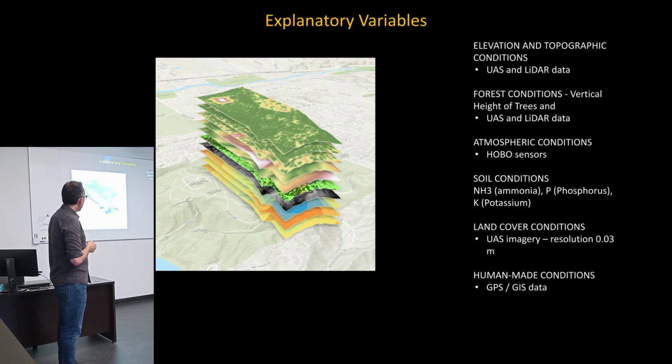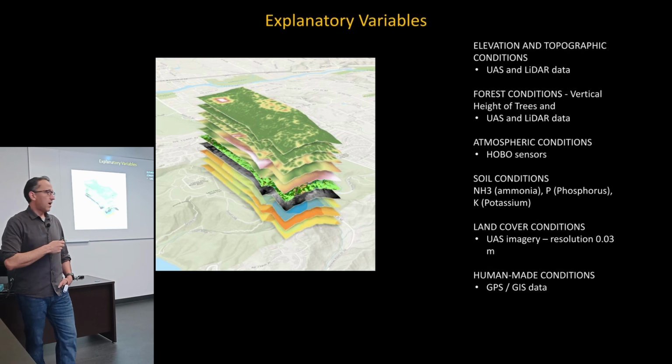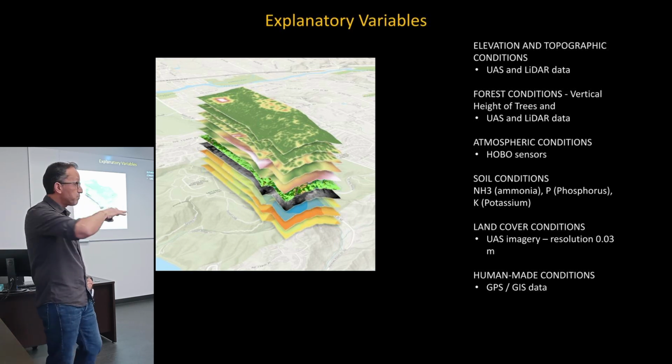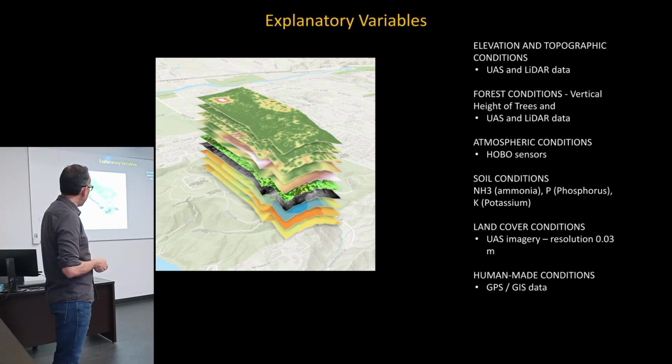To characterize those, we use unmanned aerial systems data, that is, drone imagery, from which you can derive very precise information at a very high spatial resolution, and LiDAR data, which is another remote sensing instrument that relies on laser measurements to determine elevations and also characteristics of the canopy of different landscapes.